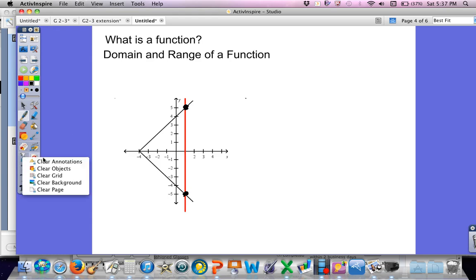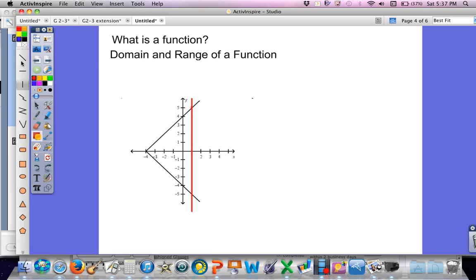So this fails my vertical line test. So let me draw another line. Let me draw a similar equation on the same graph that would be a function. So I'm going to make a red V here.